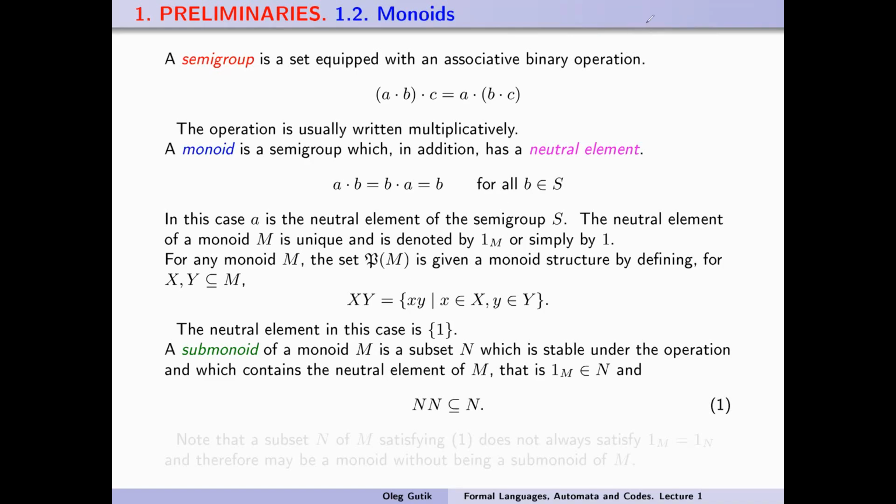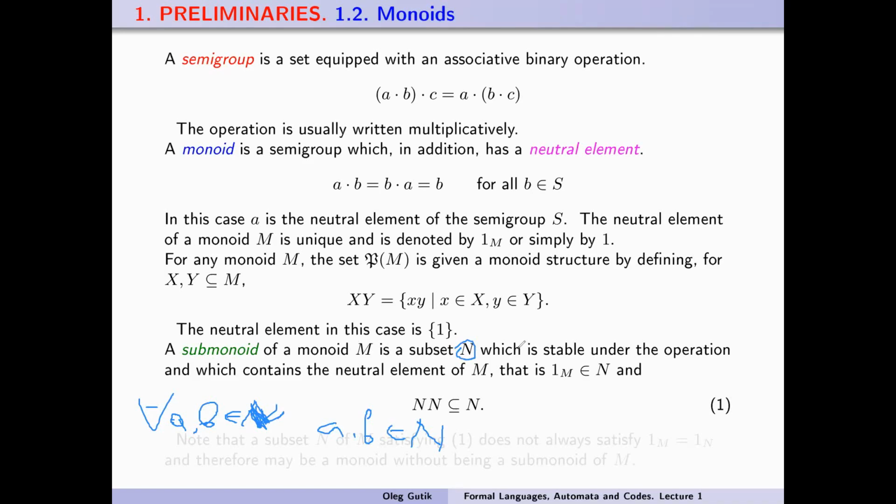If we have two elements A, B from N, for any A, B from N, A multiply B belongs to N, where N is our subset, usual subset, yeah, of the monoid M.